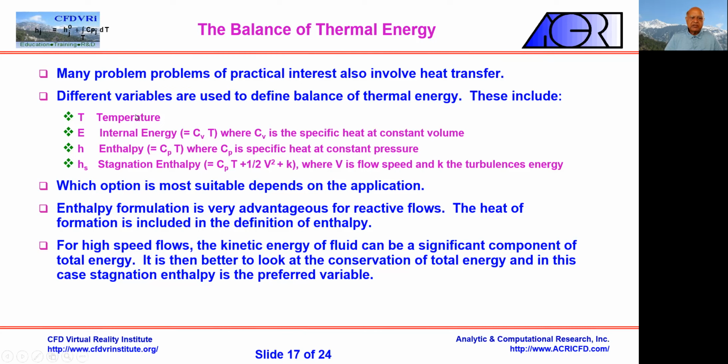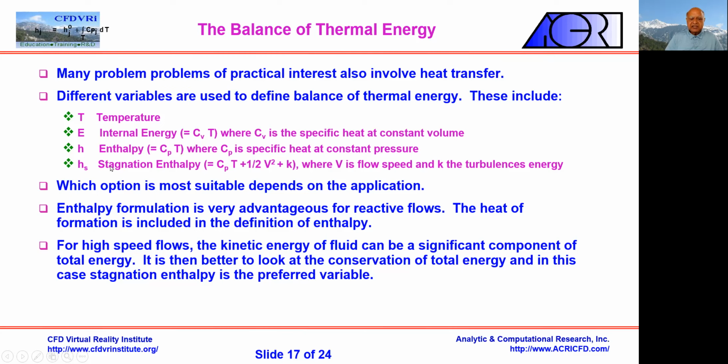For example, temperature is one. Another common variable that is used instead of temperature is total energy, Cv times T, where Cv is the specific heat at constant volume, that is the internal energy. Then there is the enthalpy, which is the specific heat at constant pressure times dT. Actually, this should be the integral of Cp dT.